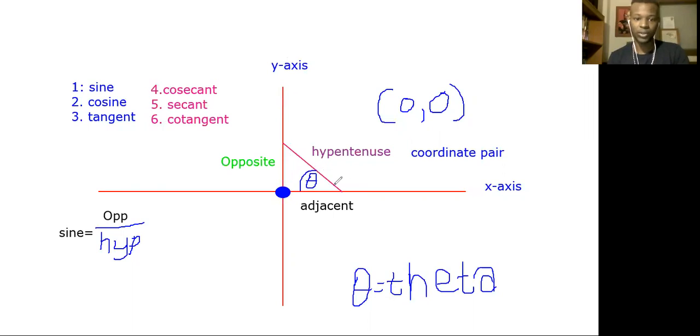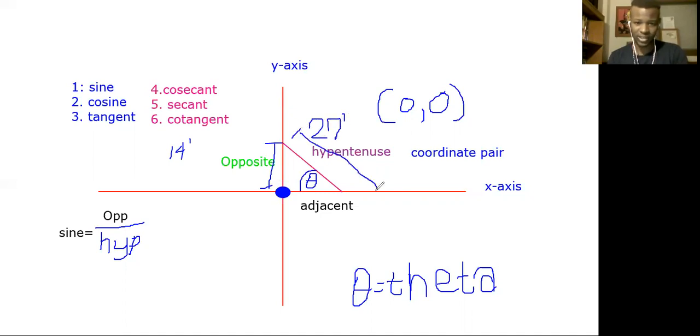So what is the sine of angle theta? Let's just say this side right here is 14 feet high, okay? And let's just say this side over here is 27 feet, the hypotenuse.